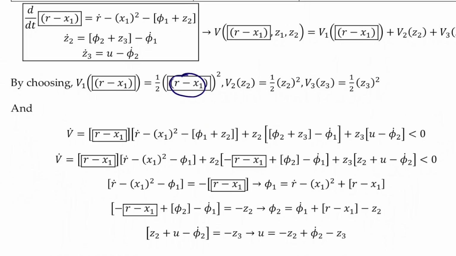They will present themselves, their structure will appear, and it will be clear what to use for phi1 and also phi2. We will start by finding what phi1 should be, and then iteratively we will find phi2, and it is probable that phi2 will depend on phi1 dot and also phi1.